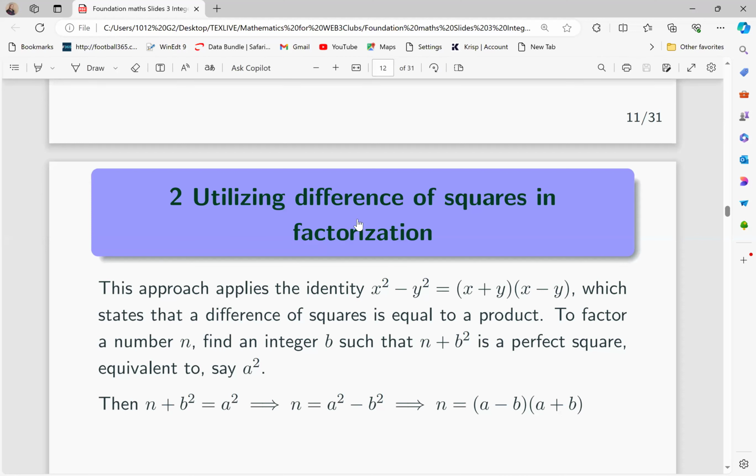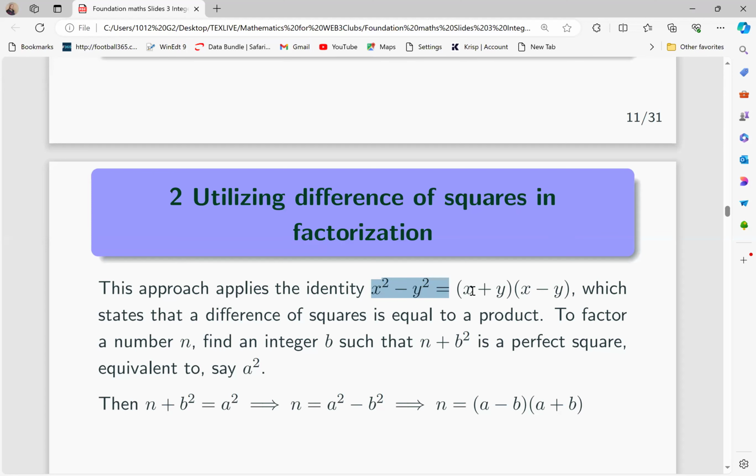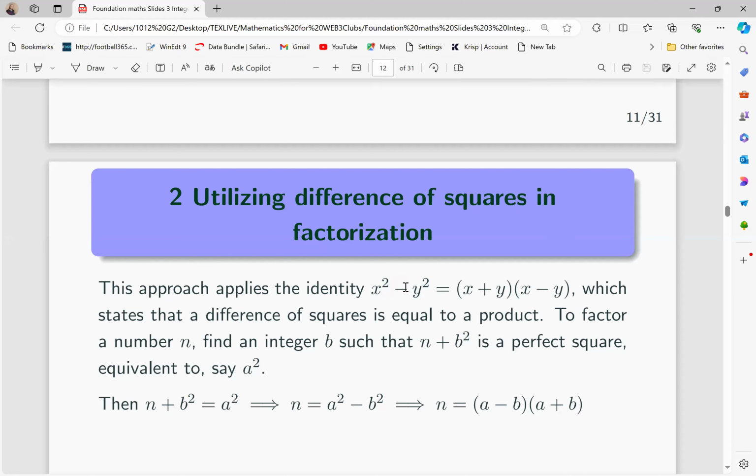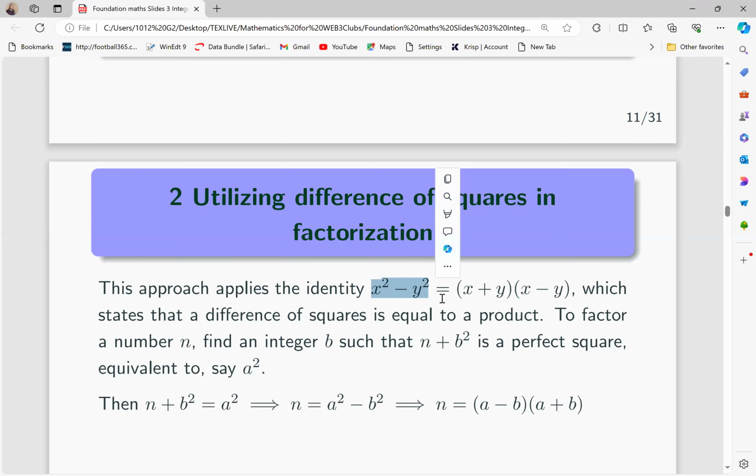This method of utilizing difference of squares will use an identity that is well known to us. We know it from high school: if you're given x squared minus y squared, this can always be factorized as x plus y multiplied by x minus y.